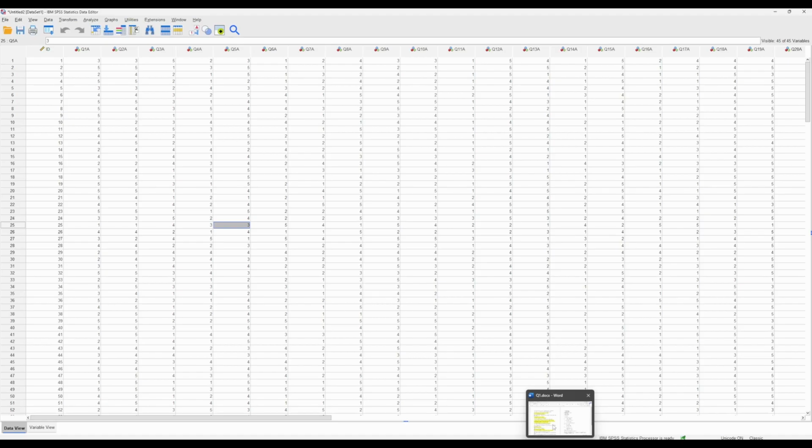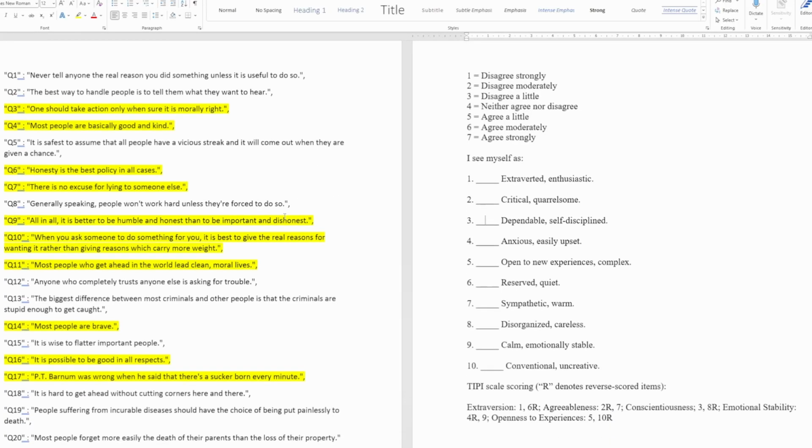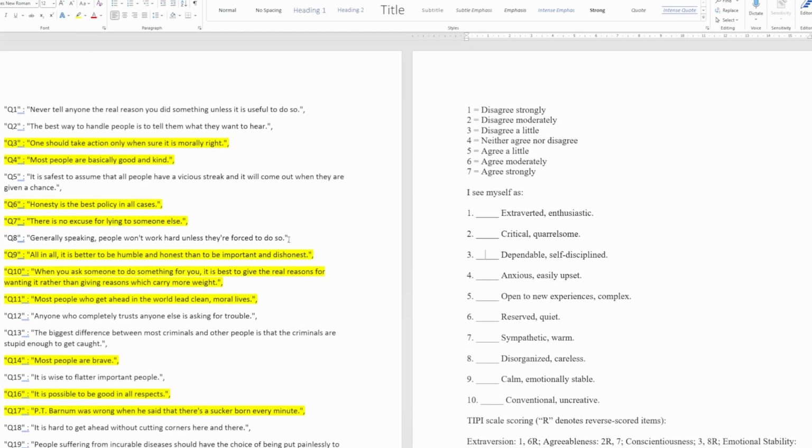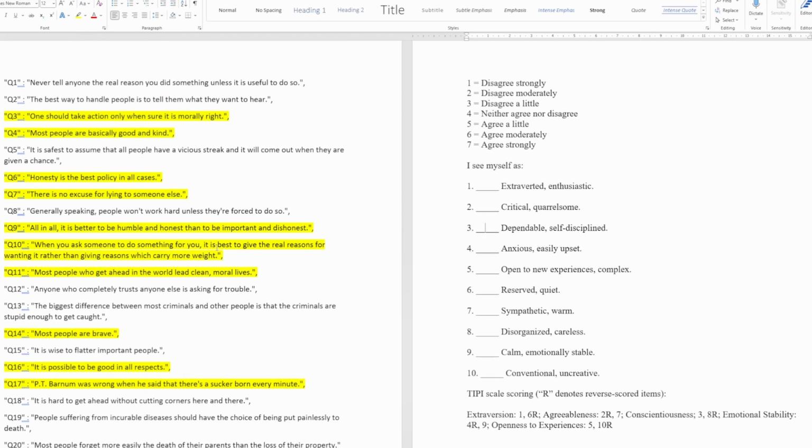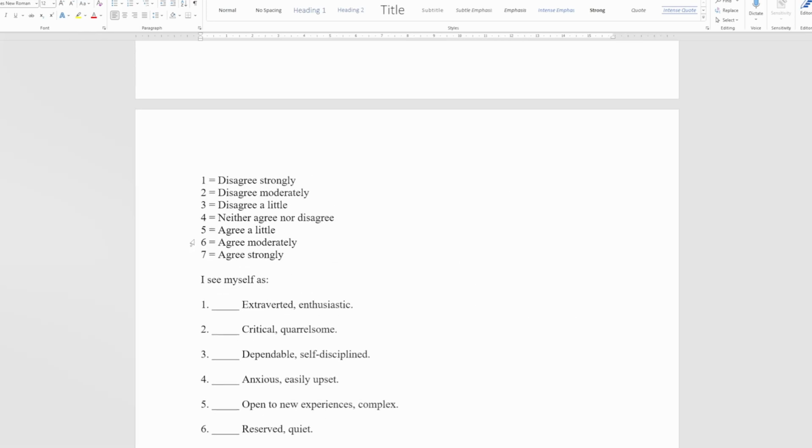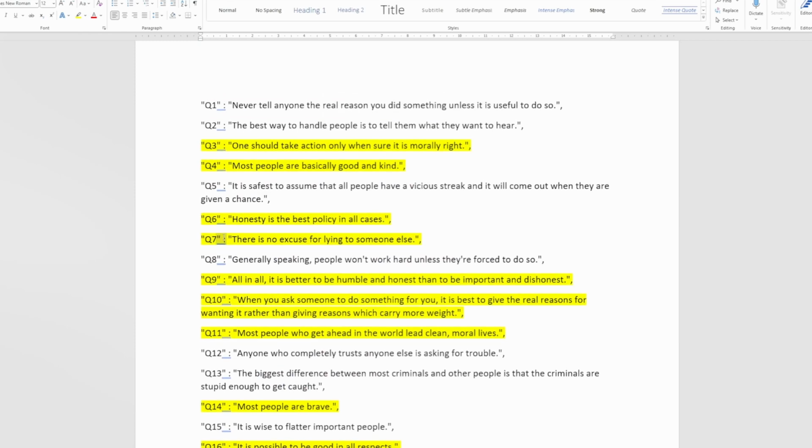So generally in a scale, you would have some type of indicator of which items need to be reversed. Interestingly, I couldn't find one for this Mach 4 scale, but if this is the case for you, you simply need to read through the statements and see which direction a higher level of response, such as strongly agree, would indicate, whether it loads onto the construct of interest or should be reversed.